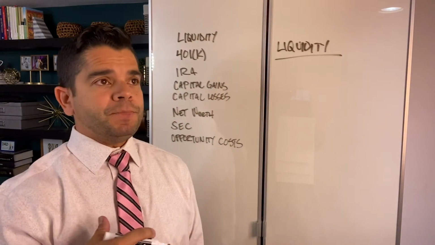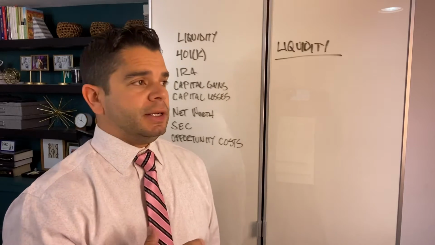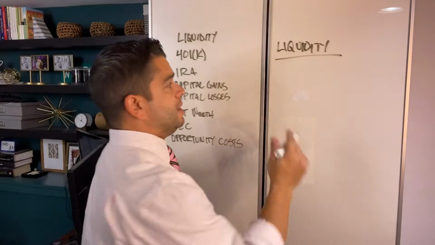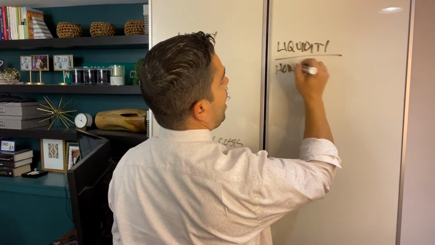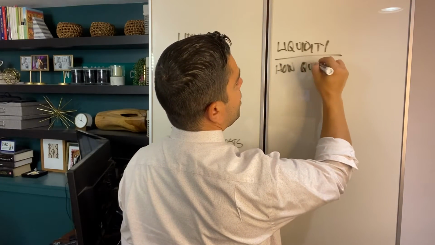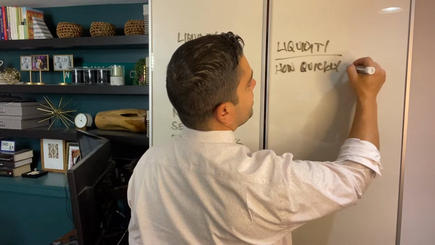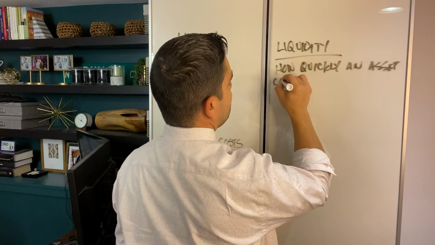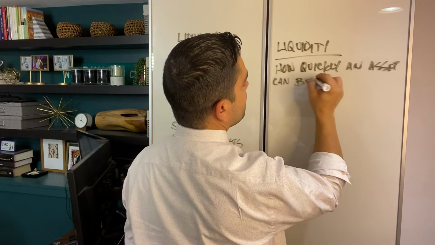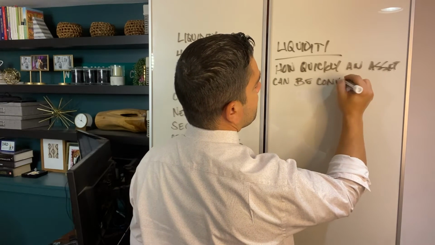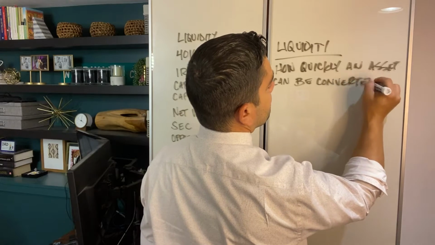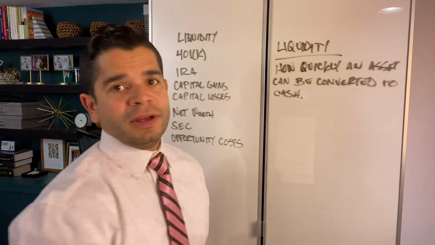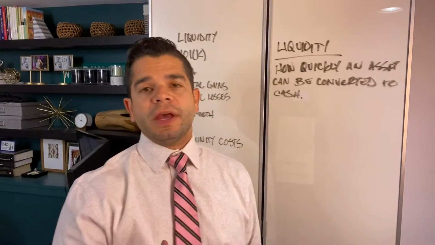And the term, I won't get into the etymology, but liquidity means how quickly an asset can be converted to cash. So how quickly an asset can be converted to cash.